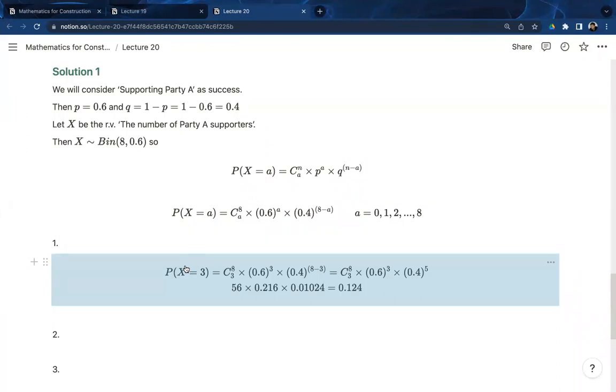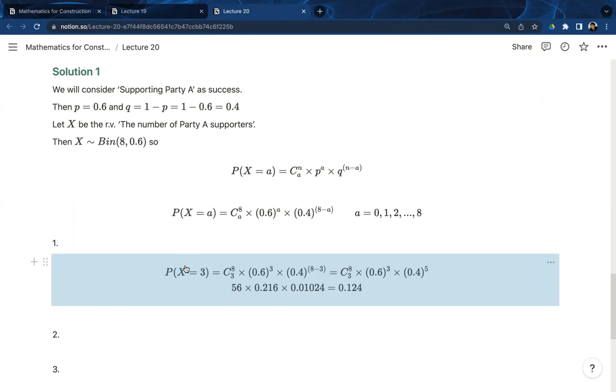Each experiment has a kind of true or false situation where true is you got a success, false is you got a failure. That's why it's binomial. Bi means 2. Each experiment, there's only 2 possibilities, success or failure. But you're repeating the experiment a number of independent times, 8 times in this case.